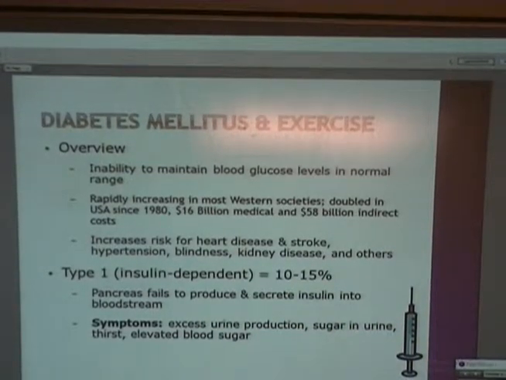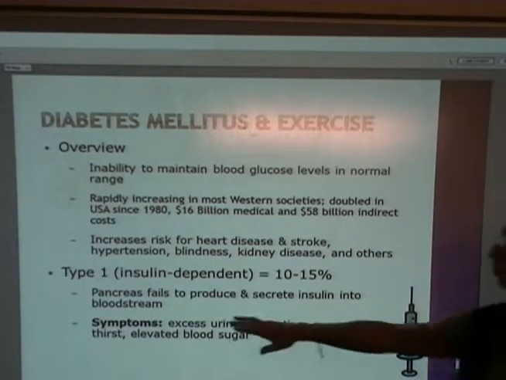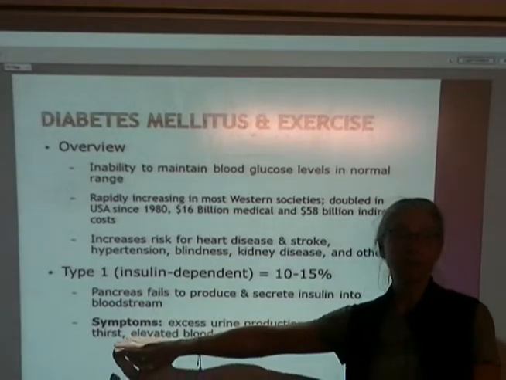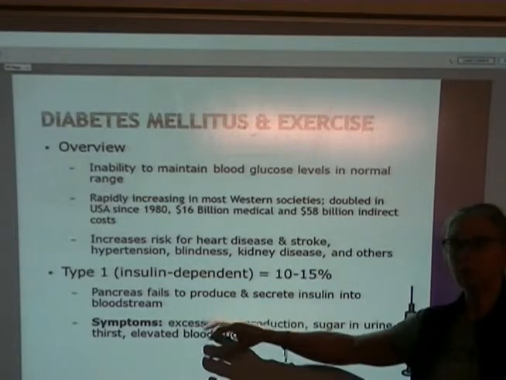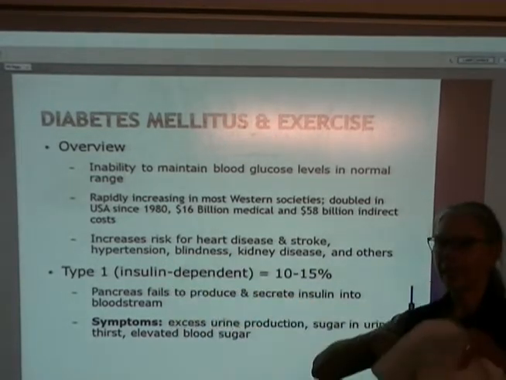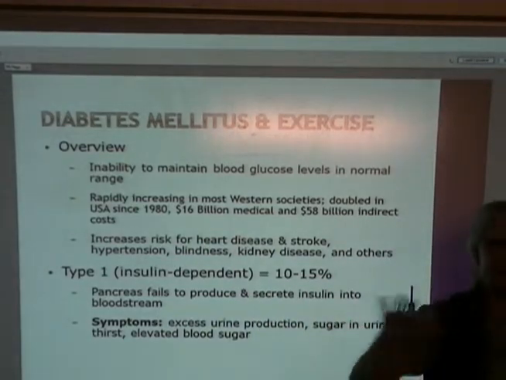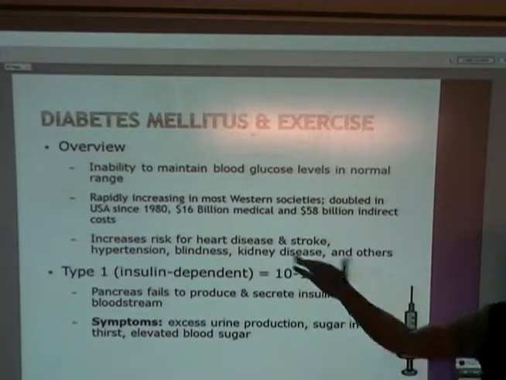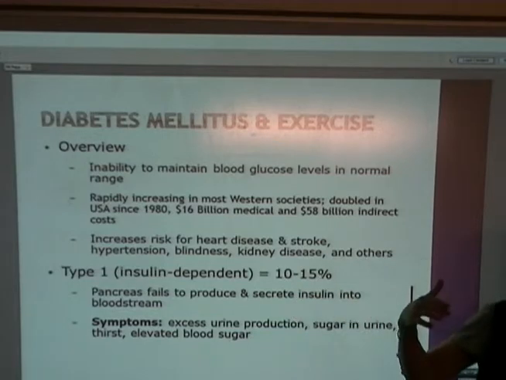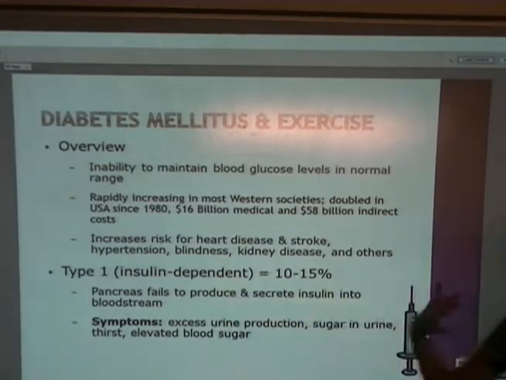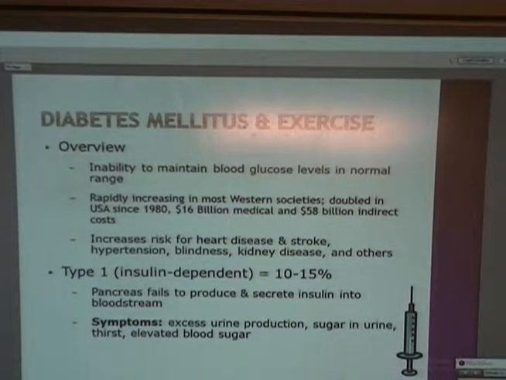So that's quite a good one to keep an eye out for with children, the thirst and the excess urine production, because type 1 can exhibit itself really at any age. It's usually around 9, 10, 11 that it starts to exhibit, but it can come out earlier than that because it's genetically driven. Okay?